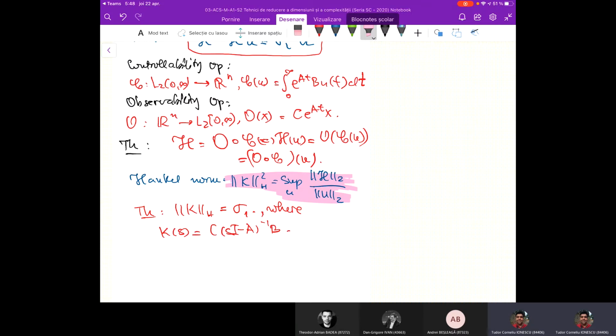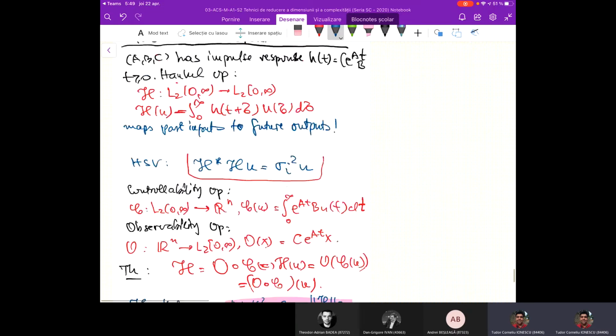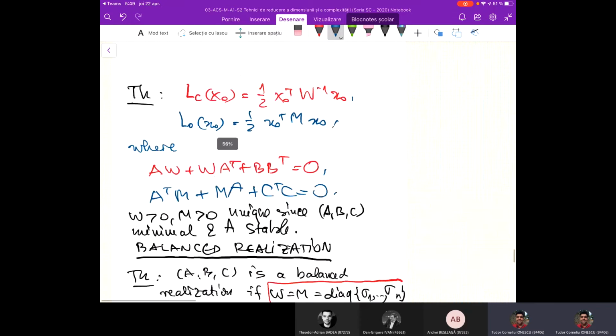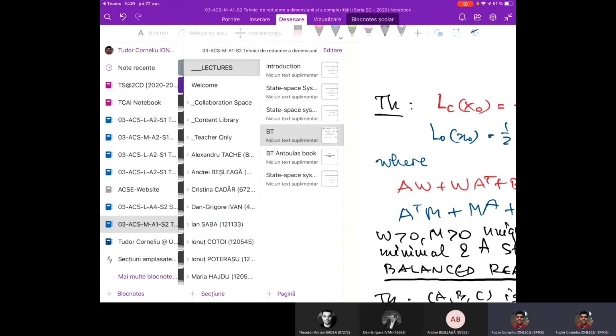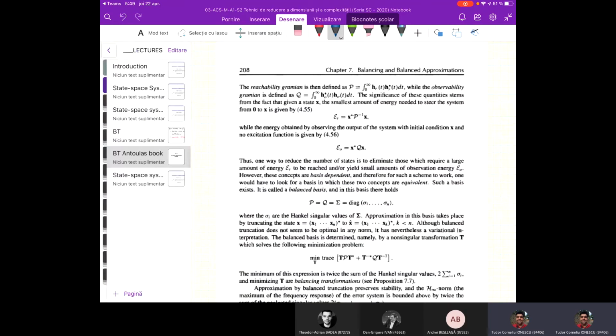The Hankel norm is sigma 1, which is related, as we have seen, to the infinity norm of the error. So the Hankel norm is relevant, and we're going to discuss a variant using it. Essentially, this is the balanced truncation procedure.